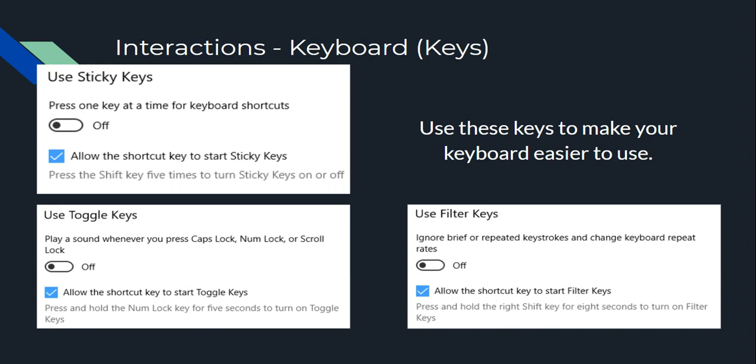And filter keys ignore brief or repeated keystrokes and change keyboard repeat rates. This is based on how you type or the keys that you press. Anything that has an on-off switch usually has a keyboard function to also turn it on or off.